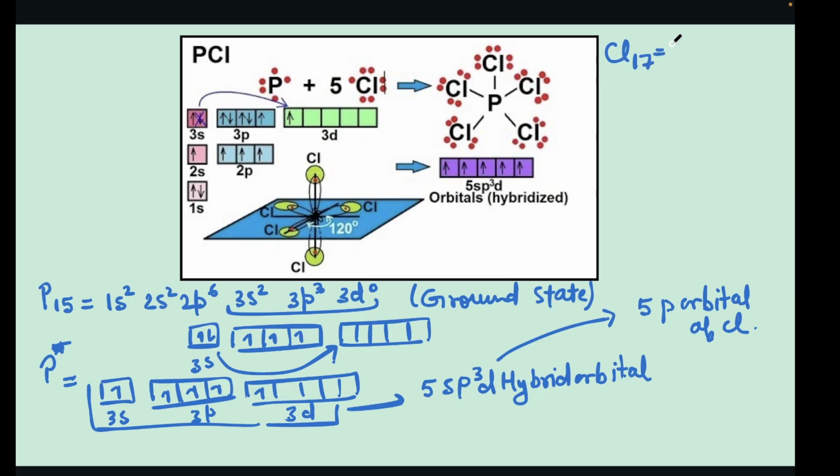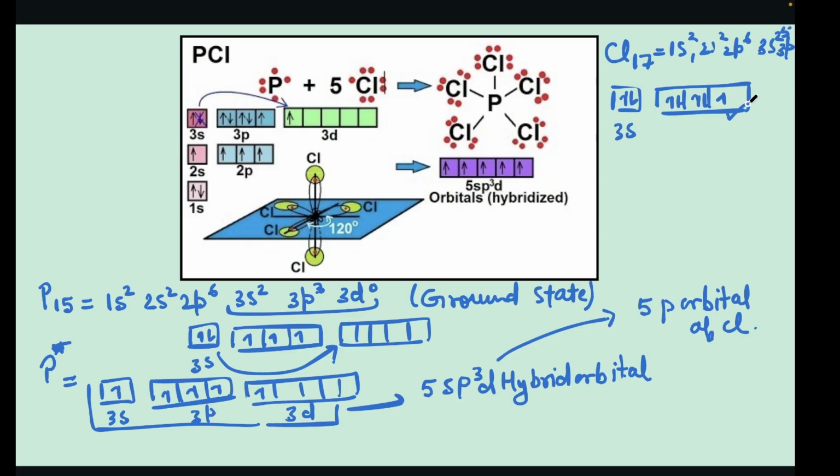Its configuration is like 1s2, 2s2, 2p6, 3s2, 3p5. So we can say in the valence shell there are 7 electrons. This is like 3s has 2 electrons and 3p has 5 electrons. 1, 2, 3, 4, 5.